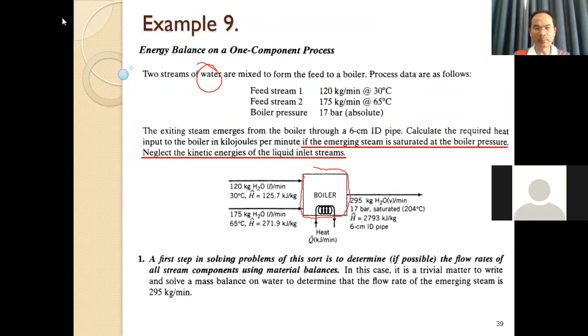The first stream is 120 kilograms per minute of liquid water. The second stream is 175 kilograms of water per minute, in liquid form. The outlet is in vapor form. The inlet temperature is 30, and the outlet is 65 Celsius.